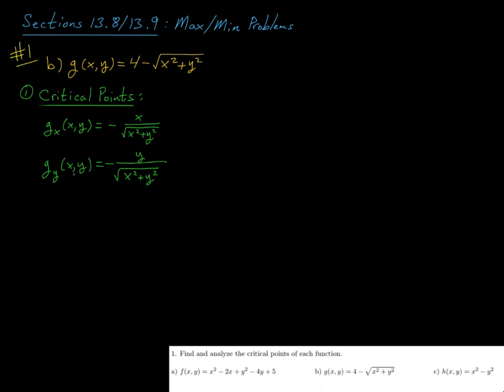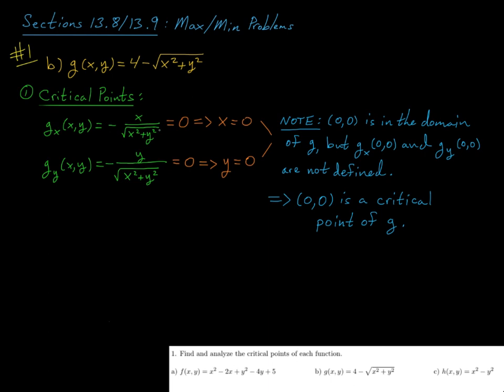So we find these partial derivatives, the x derivative and the y derivative of g. Those are here. Now notice that if I set these equal to 0, if this fraction is 0, then the numerator must be 0, saying x is 0. And if this fraction were 0, then y would have to be 0.